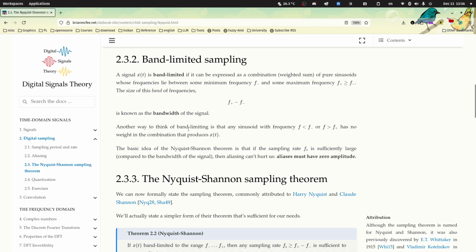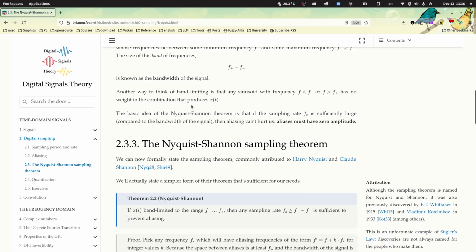Another way to think of band limiting is that any sinusoid with a frequency outside of this range has no weight in the combination that produces the final signal. The basic idea of the Nyquist-Shannon theorem is that if the sampling rate is sufficiently large compared to the bandwidth of the signal, then aliasing can't hurt us, because the aliased components must have zero amplitude.